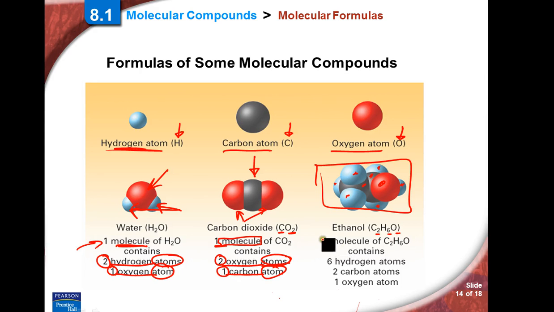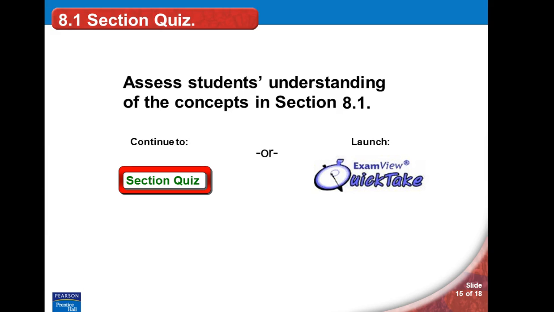So that is one molecule of C2H6O gives you 6 atoms of hydrogen, 2 atoms of carbon, and 1 atom of oxygen. Right. So that's the general idea.